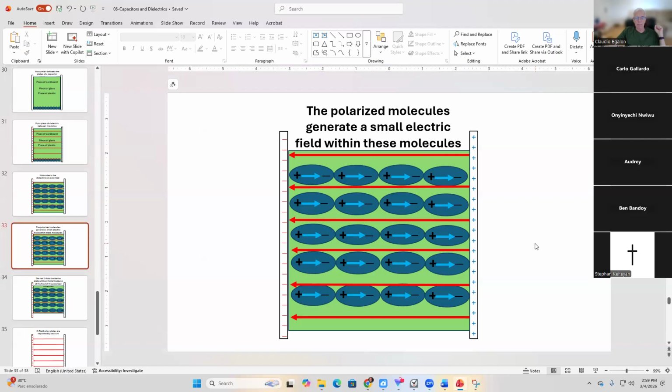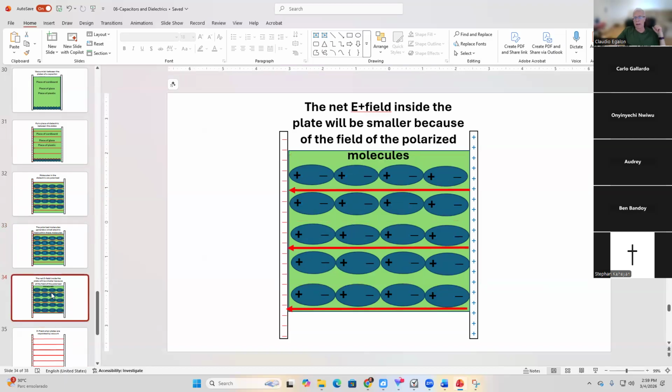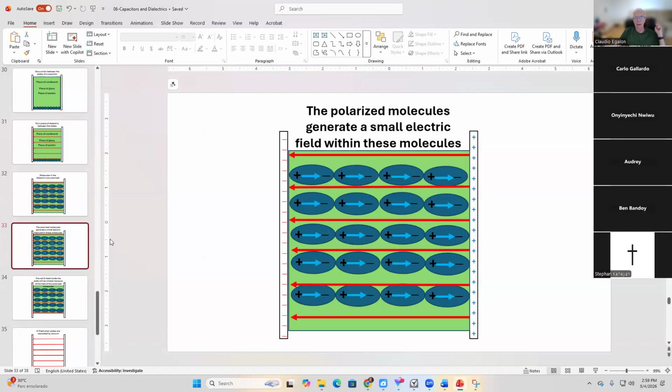Are you following the idea? So instead of having all those 1, 2, 3, 4, 5, 6 electric field lines, we are going to have fewer. Let's say 3 electric field lines, and these 3 lines represent a weaker electric field. Okay?